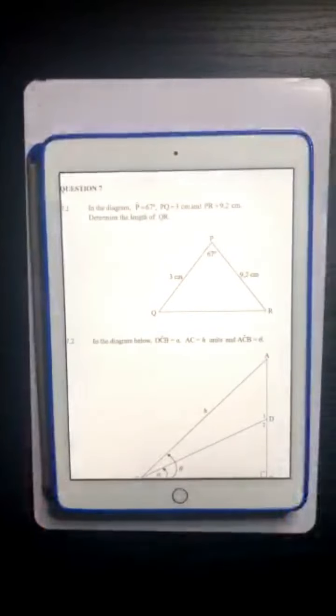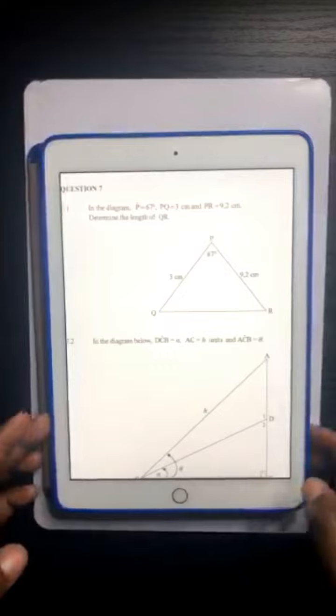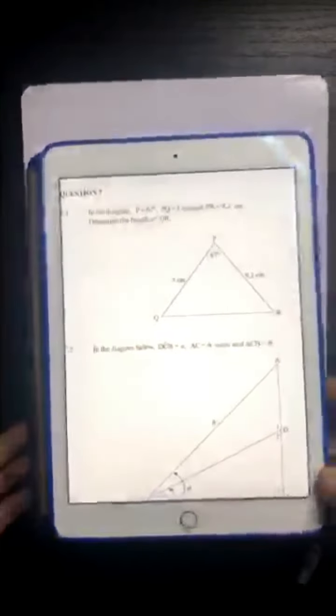We are actually nearing the end of our lesson for today, of which I hope you guys did enjoy. Can you guys see over there, or is it blurry? You can see, sir.